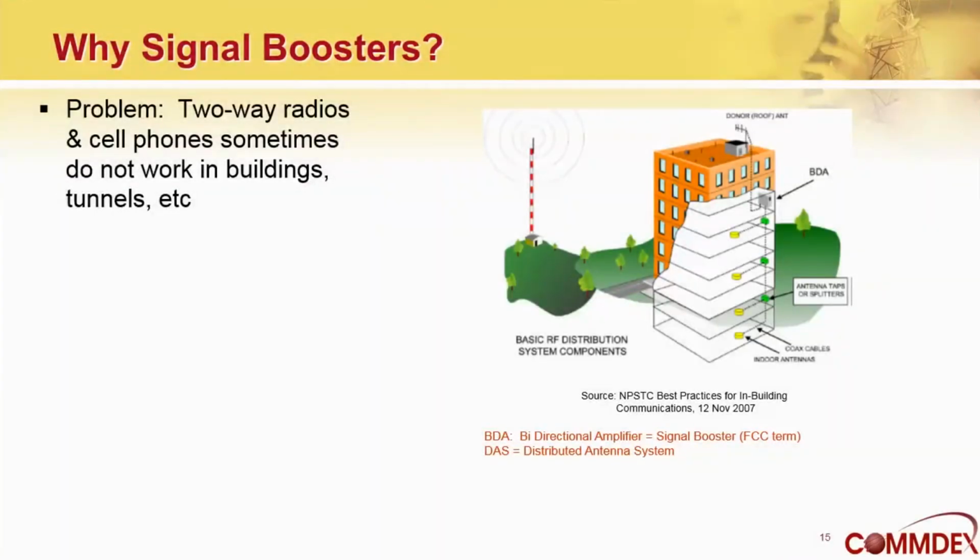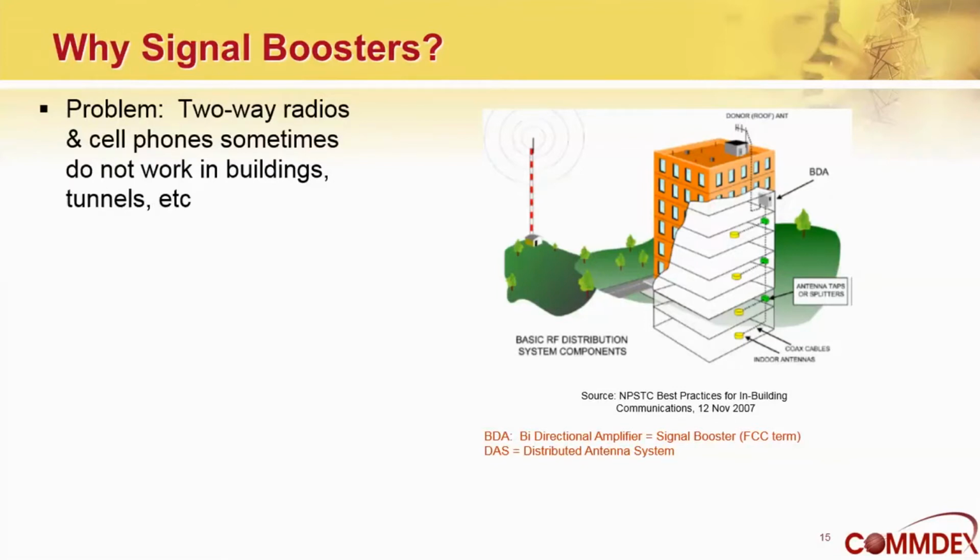Well, the reason signal boosters are out there is because we have these two-way radio systems and they work great outside in a vehicle, out in the open. But when you get in some heavy buildings, and I'm talking about factories, shopping malls, hospitals, industrial buildings, commercial buildings, government buildings, they have a lot of walls.